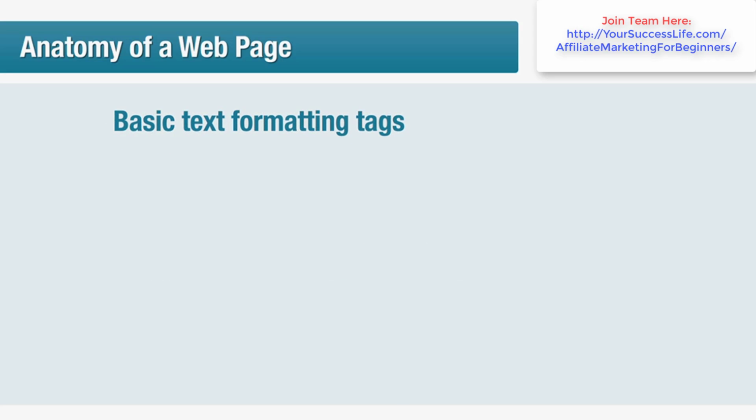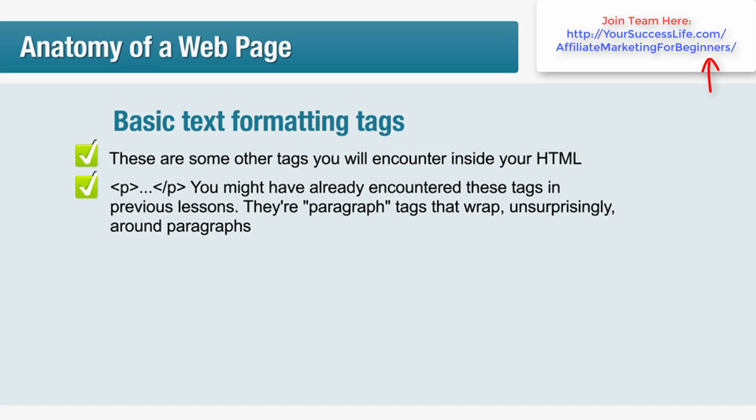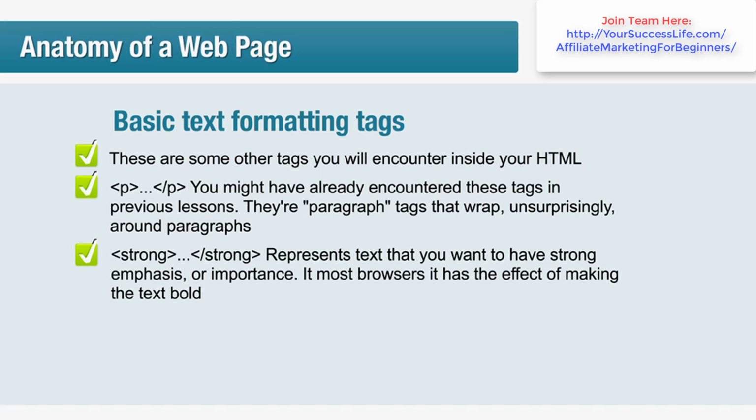And basic text formatting tags. These are some other tags you will encounter inside your HTML. P and close P. You might have already encountered these tags in previous lessons. They are paragraph tags that wrap, unsurprisingly, around paragraphs. Strong represents text that you want to have strong emphasis or importance.